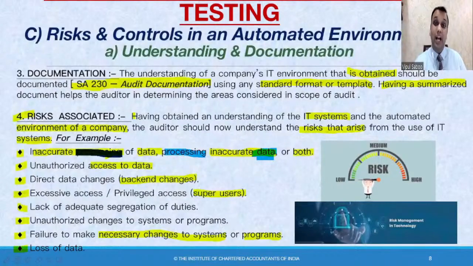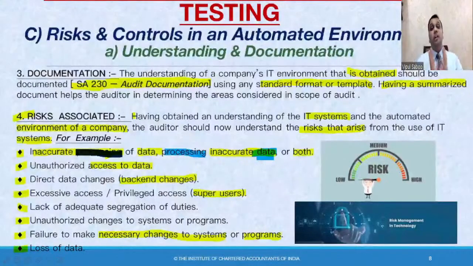But even if they are able to make changes outside of their authority, they are not authorized to change the data, but they're able to make those changes. That means the system controls are weak. People who are unauthorized to change the data are changing the data. Anybody can come, just turn on the system and change the data. How can you rely upon such data? Anybody can change it anywhere, anytime. So that is called unauthorized changes to the data.